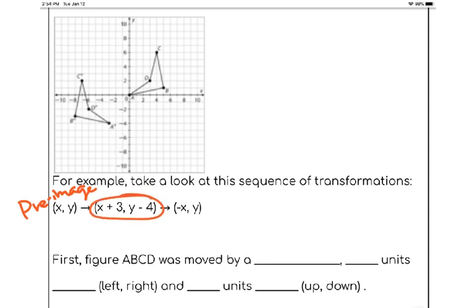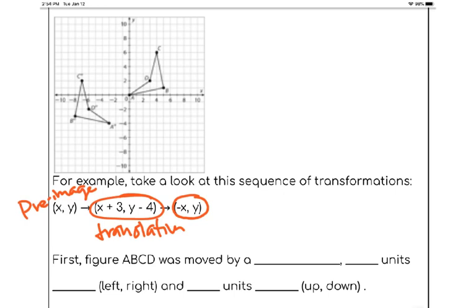And we know that when you're adding to X and subtracting from Y, or vice versa, then it's a translation. So it's just being moved. And then this right here may give us something else. So it may be a rotation or a reflection. We'll take a look at that in a second.